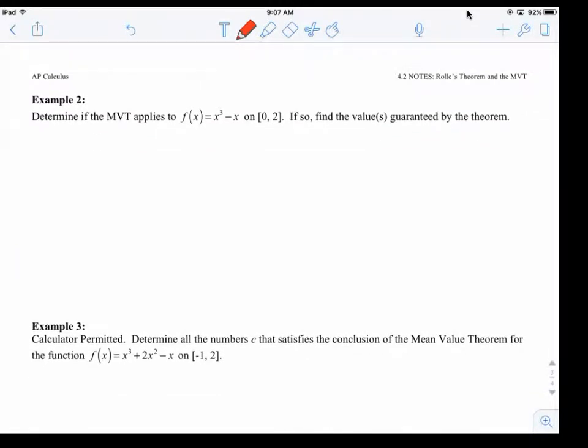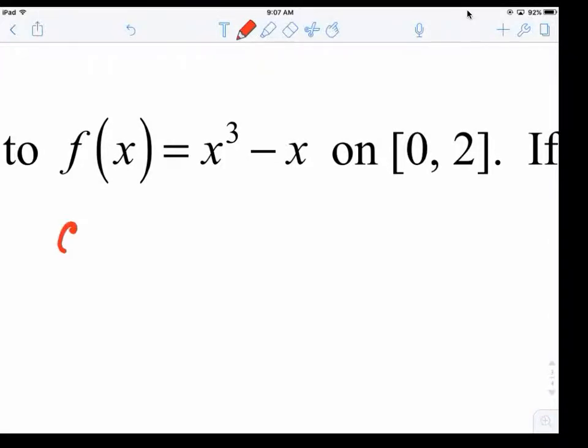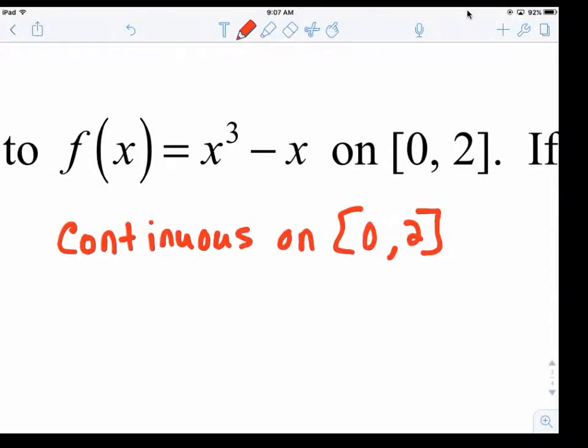Okay, so determine if the MVT applies to x cubed minus x from 0 to 2. If so, find the values guaranteed by the theorem. Okay, so is it continuous? Yes, it is.